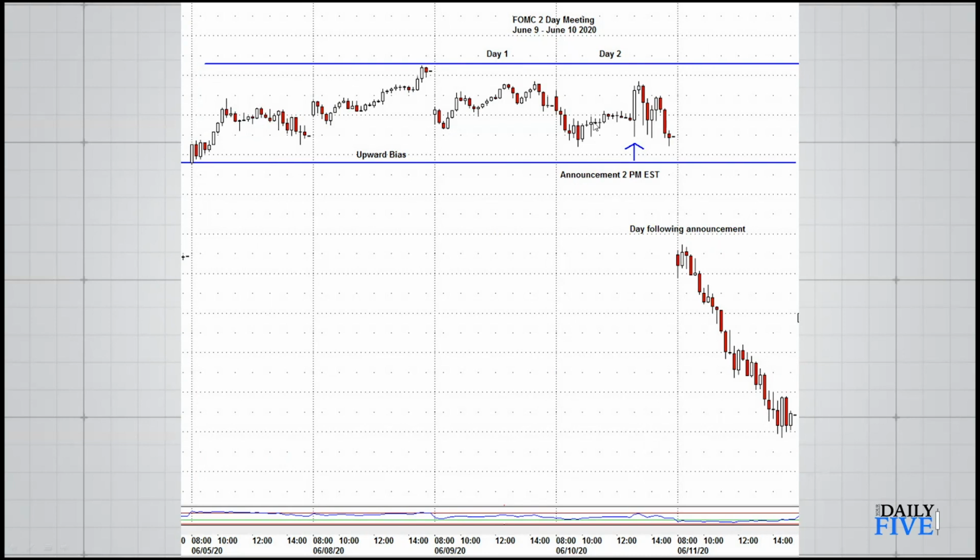Another thing that you'll tend to see is the market become very quiet about an hour and a half to 2 hours before the actual announcement comes out. Here we can really see that on this chart, where the candles become very, very neutral.